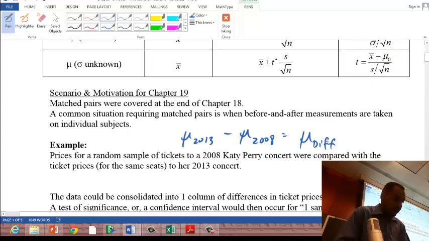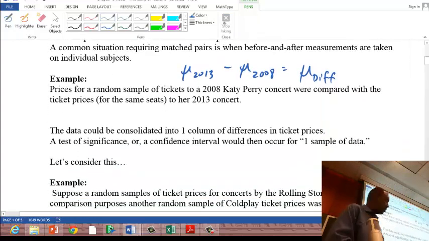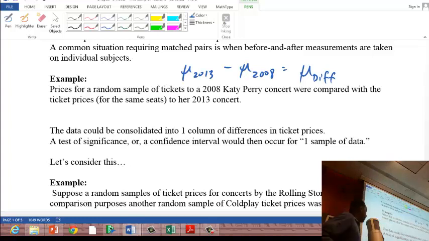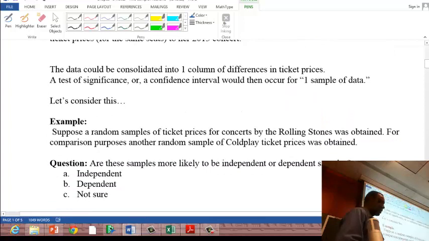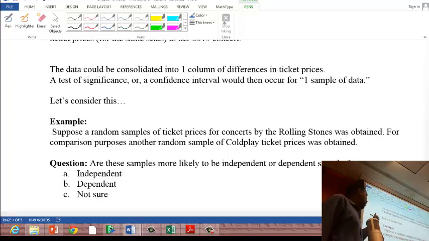And then I have this comment down here that says, well, you can get away with one column of differences for that situation, but what about this? Okay, I'm old school, but not this old. Suppose you have a random sample of ticket prices for Rolling Stones, and a random sample for Coldplay.